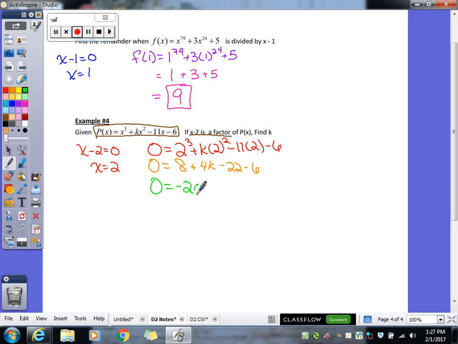Let's say I got negative 20. So then we want to add our 20 over. And then divide by 4, so what does our k equal? K equals 5.